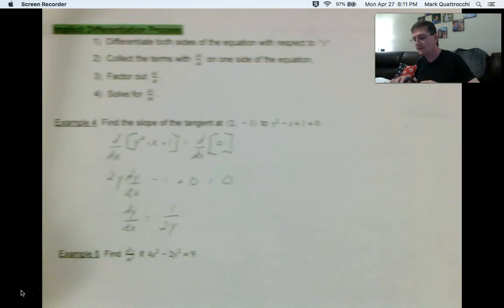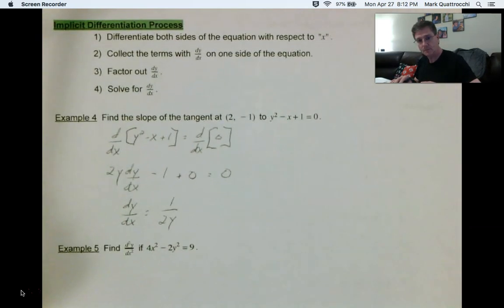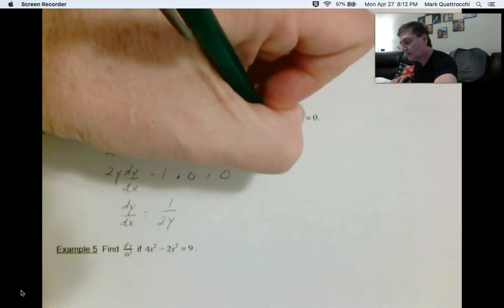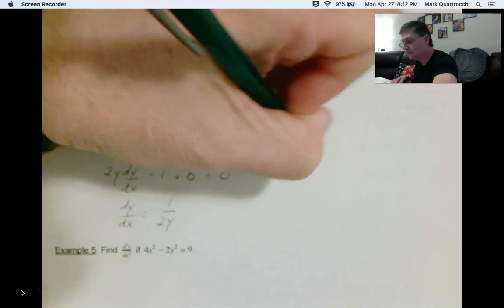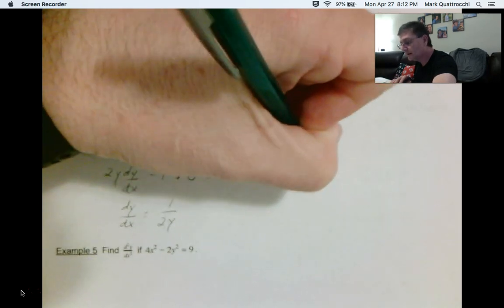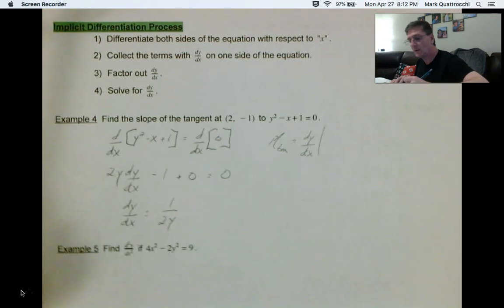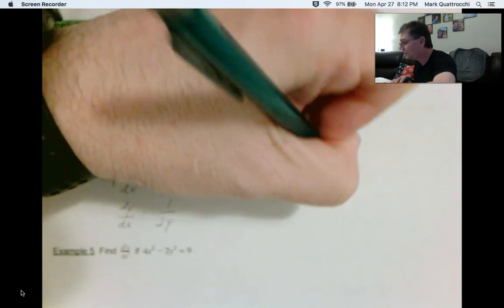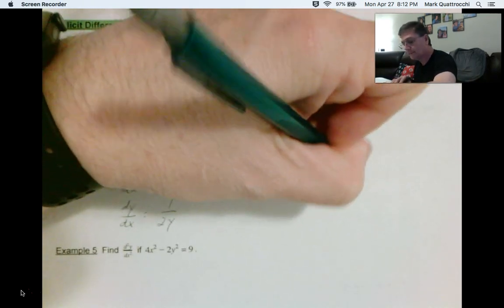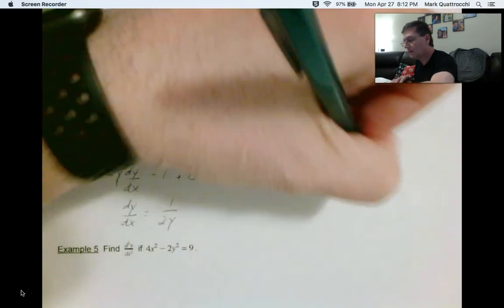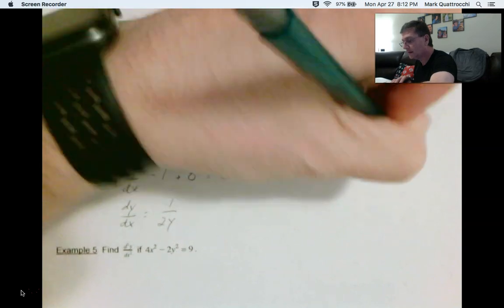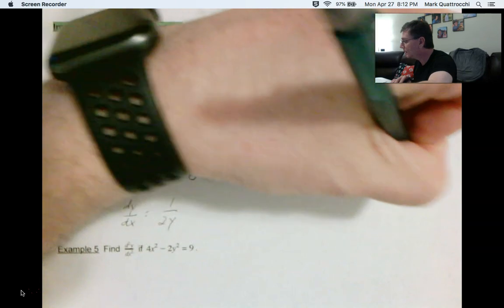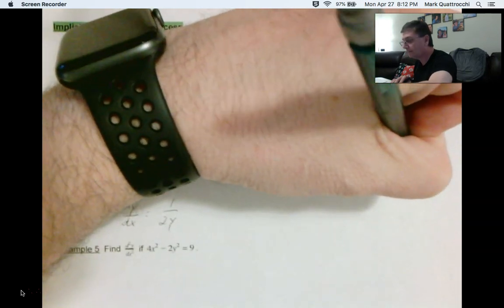And find the slope of the tangent. Slope of the tangent is equal to dy/dx evaluated at (2, negative 1), which is equal to 1 over 2y evaluated at (2, negative 1).